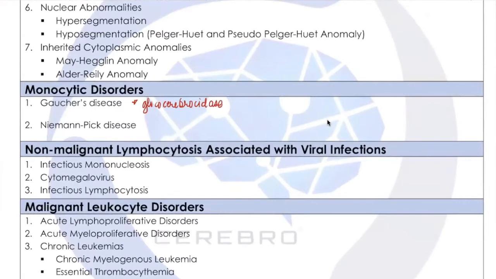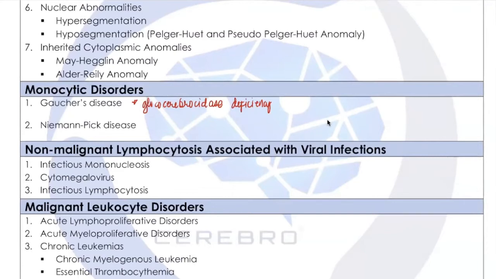Because of this deficiency, glucocerebroside accumulates in the macrophages, usually the macrophages of the spleen, the liver, and the bone marrow. These are the locations that are usually affected.